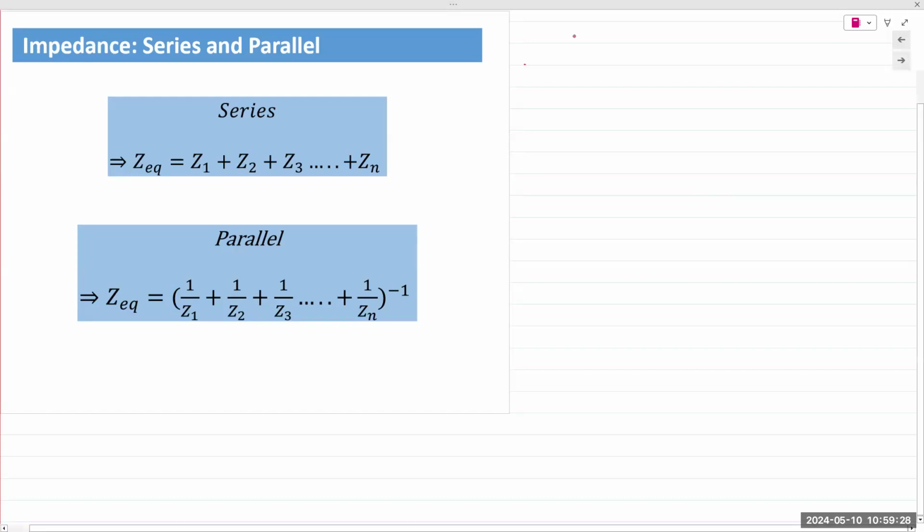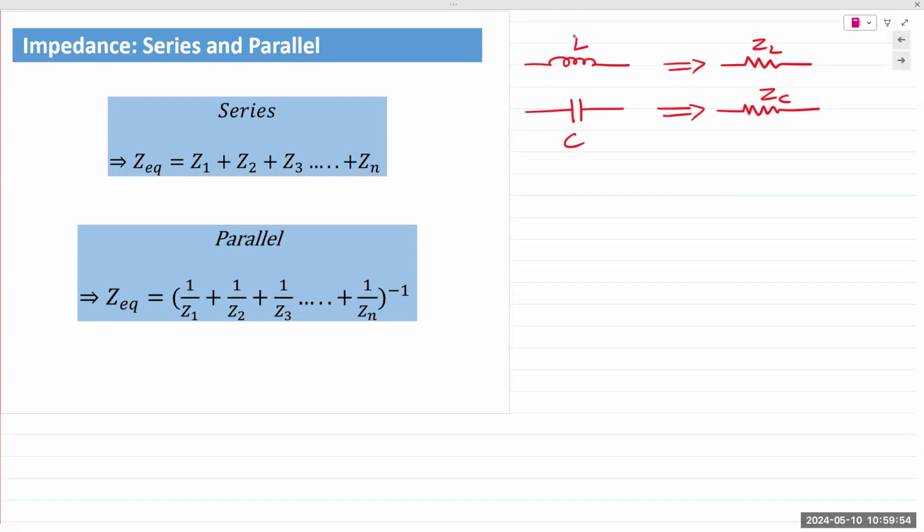If you have multiple inductors and capacitors in a circuit, you cannot add those up. But when you transform them into impedances, an inductor can be represented with inductor impedance, ZL. A capacitor can be represented as ZC. So even though you might have an inductor and capacitor in series, you cannot add them up, you cannot combine them, but you can combine their impedances.